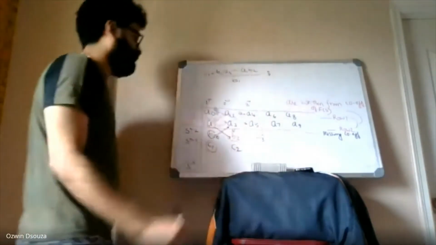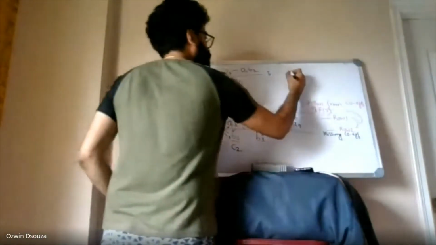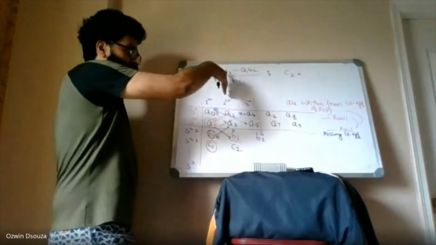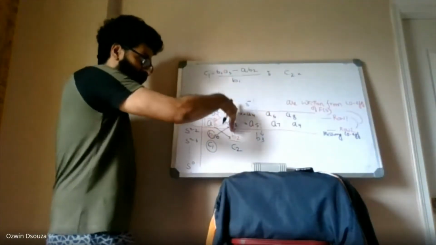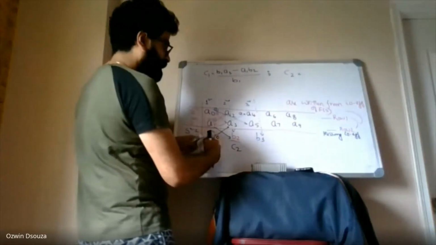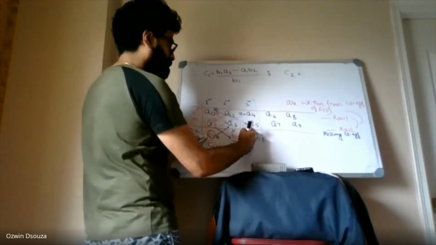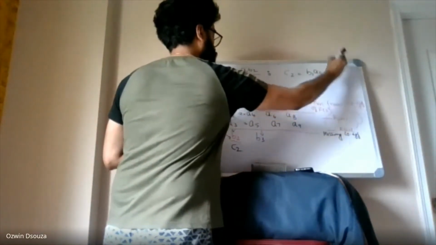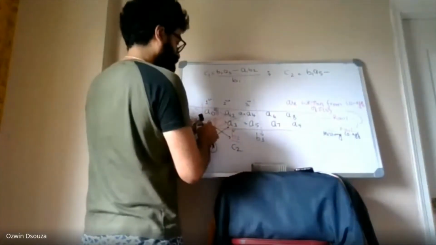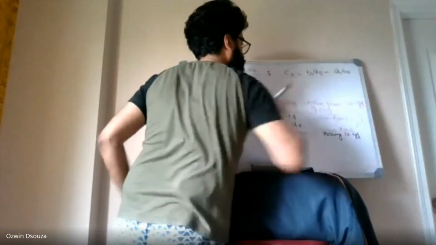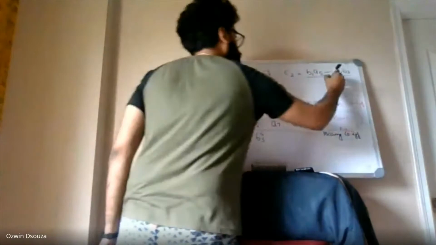So that's how you calculate C1. Similarly, C2 is calculated by leaving off the second column entry and then multiplying B1 with A5 minus A1 with B2, divided by B1.